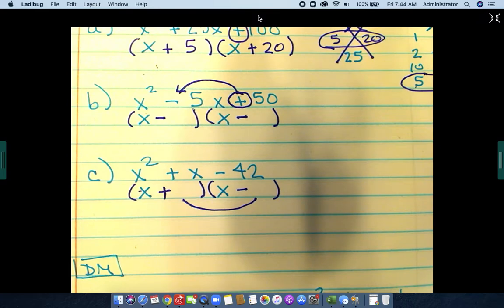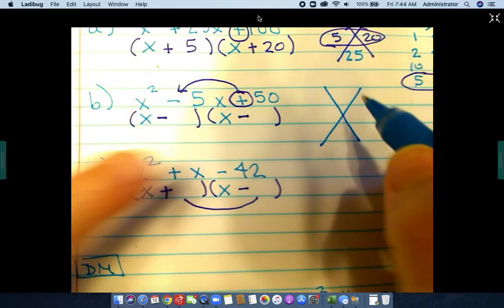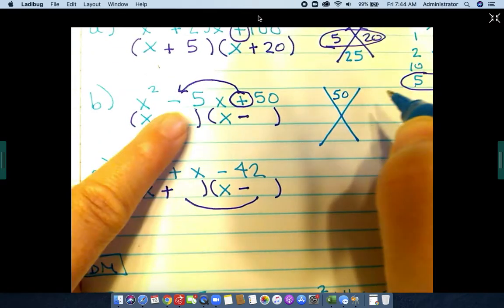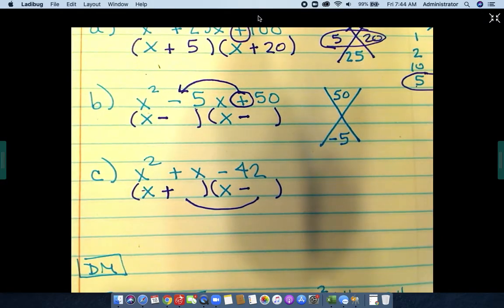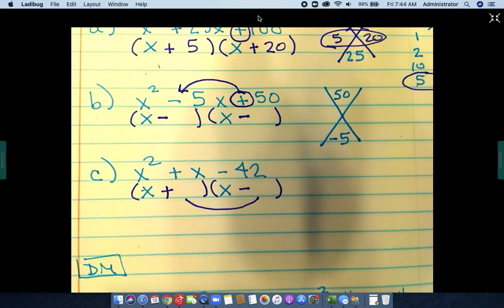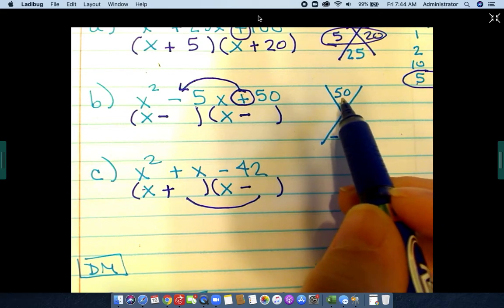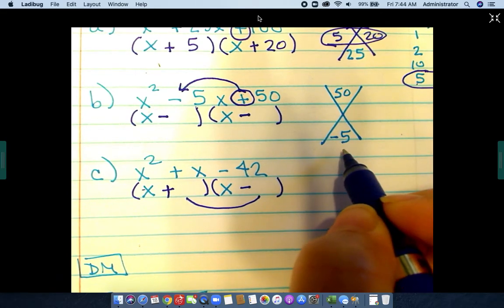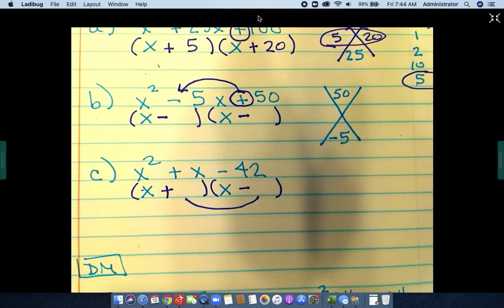So next, we're going to do our little X deal for B, putting our constant term up here at the top, and our term here, -5, at the bottom. Well, this is interesting. If I start off with a positive and a negative, and I have to find two factors that give me a negative, that means actually, I need to change the number up real quick.